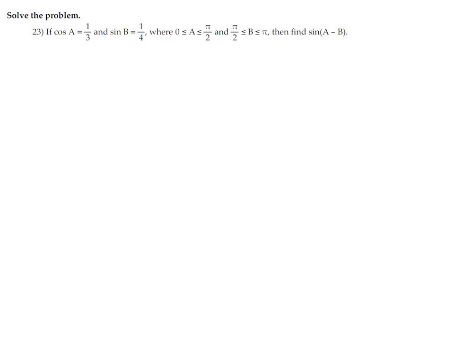Alright, so once again, this problem, we're given information about cosine of an angle, and we're told where the angle is. In this case, it's quadrant 1. And B, information about it, and B is in quadrant 2. So we can take this information and create a quadrant 1 angle for A. Cosine is adjacent, 1 over hypotenuse, 3.